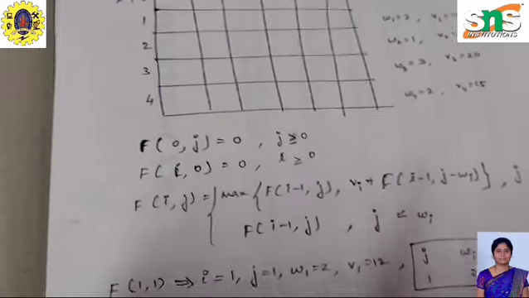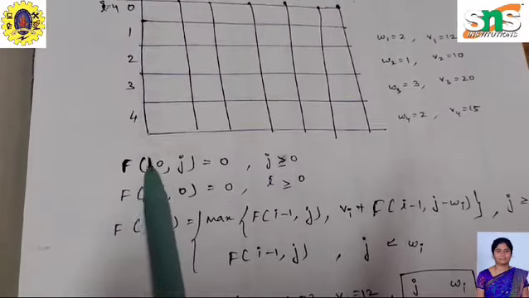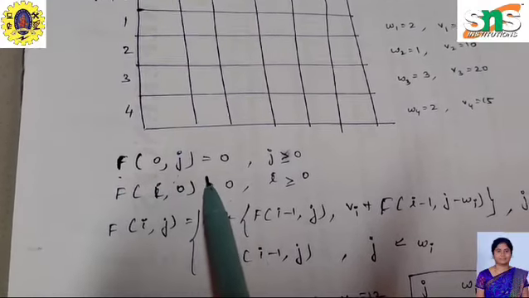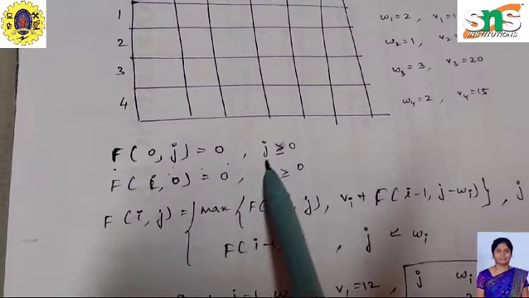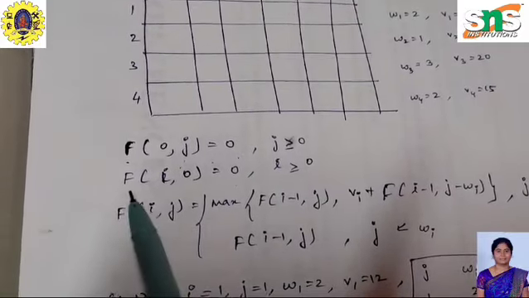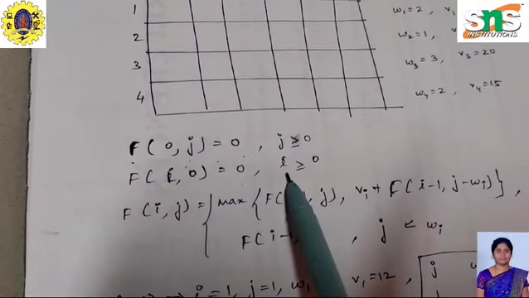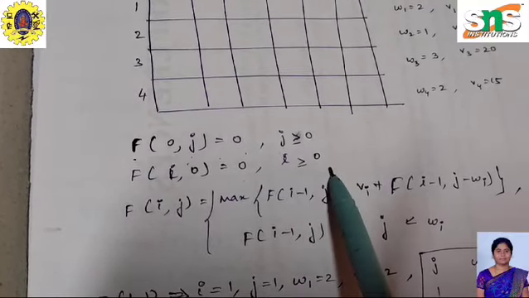We have 4 formulas. f of 0 comma j is equal to 0 for j greater than or equal to 0. And f of i comma 0 is equal to 0 for i greater than or equal to 0.